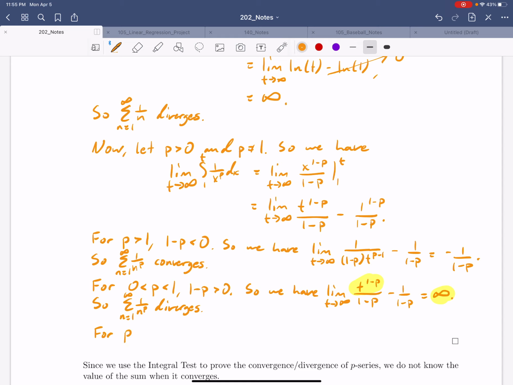Okay, last but not least, we need to consider the case where p is less than or equal to 0. So we're going to use the test for divergence. Right? Now, I guess technically speaking, we do have a special case. If p equals 0, then our term is just 1, and the sequence converges to 1.